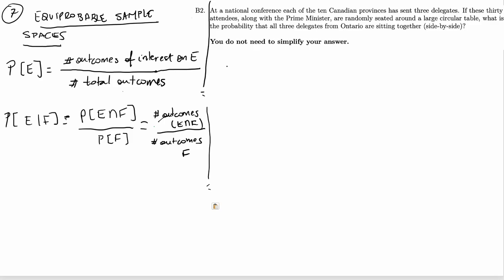So what we have is Ontario 1, the second delegate, third delegate, then Alberta 1, Alberta 2, Alberta 3, British Columbia 1, 2, and 3, and so on, and the Prime Minister. So you have 31 people, and you have to sit them around the table. So what's the question?